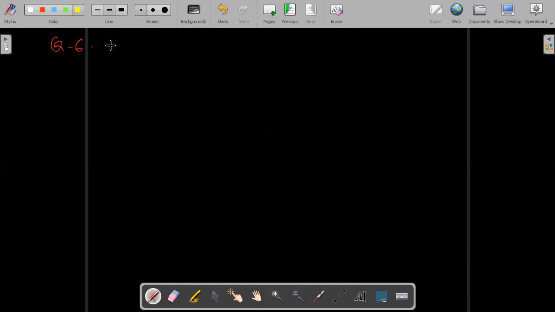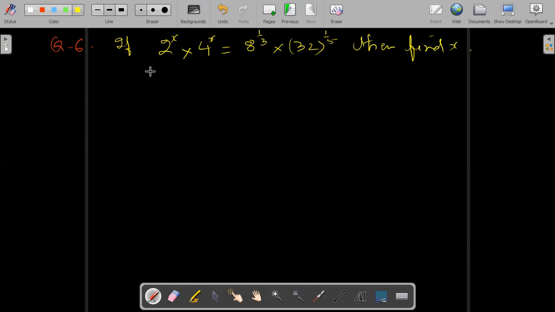If the question is 2 raised to power x into 4 raised to power x is equal to 8 raised to power 1 by 3 into 32 raised to power 1 by 5, then find the value of x. So we have to solve both the sides and get the value of x.